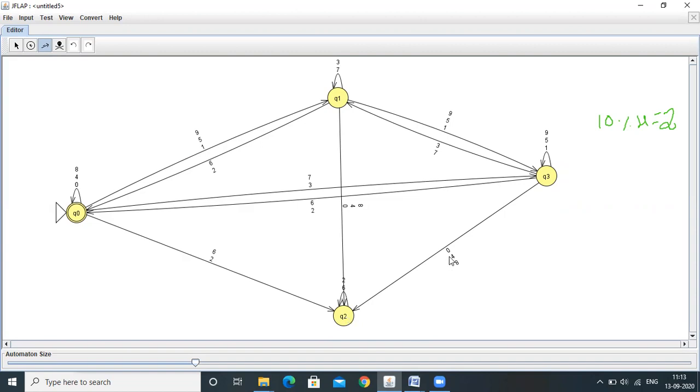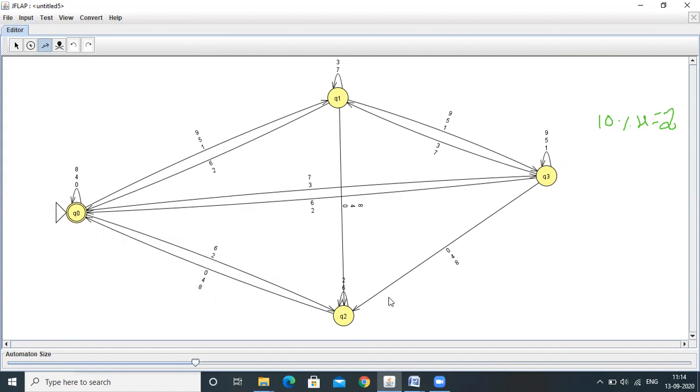Now on 048: Q2 on 0 becomes 20. 20 modulo 4, remainder is 0, so Q2 on 0 comes back to Q0. Q2 on 4 gives 24, back to Q0. Q2 on 8 also goes back to Q0 state.